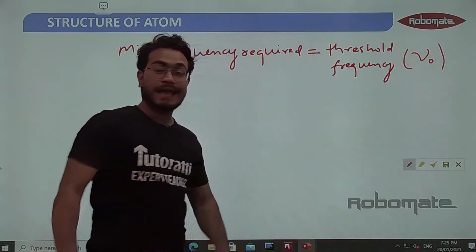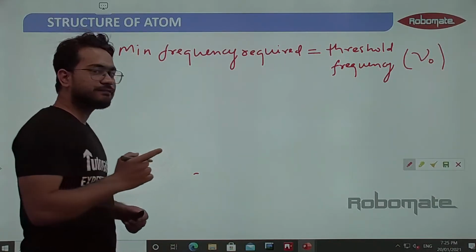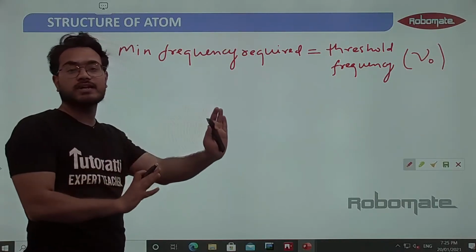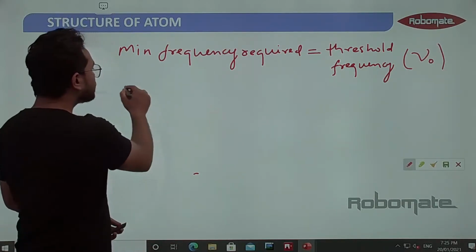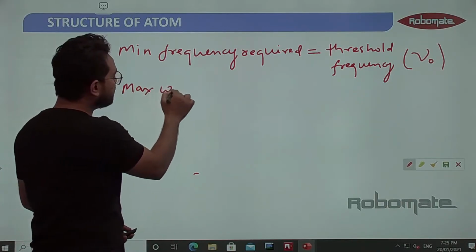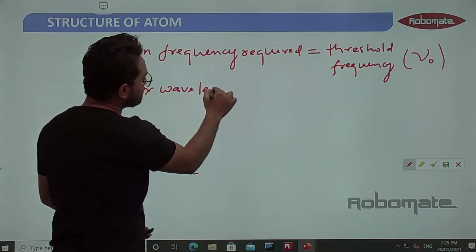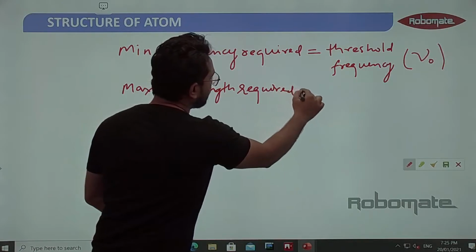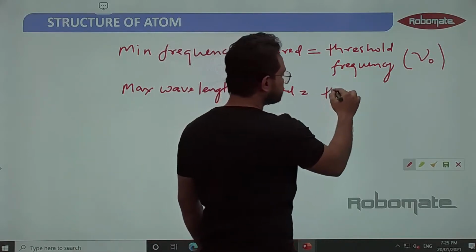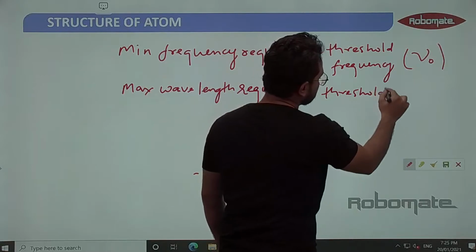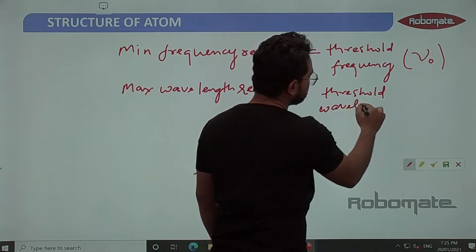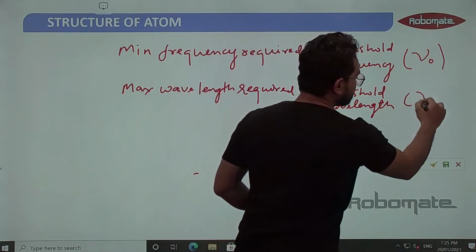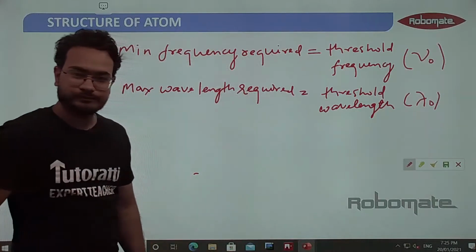And if a frequency is attached to an energy, a wavelength will also be attached to it. We all know. So the maximum wavelength required is called threshold wavelength, and this threshold wavelength is called lambda naught.